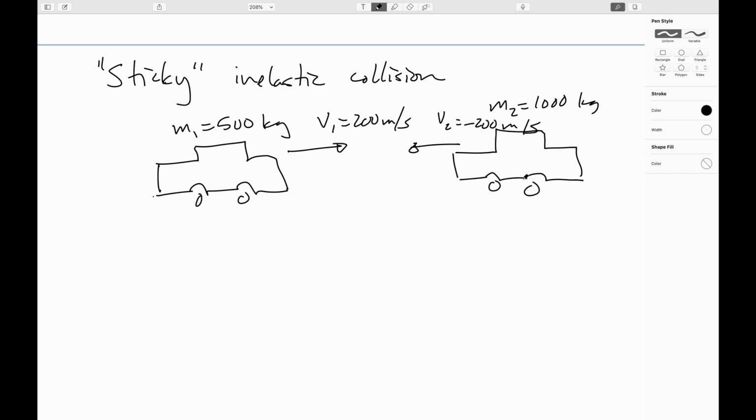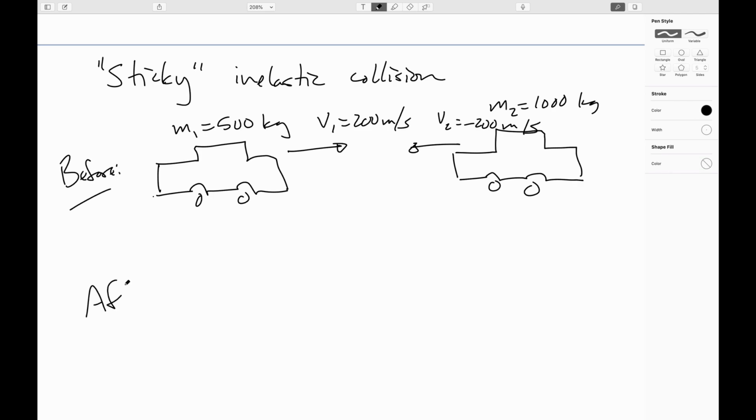This is something called implicit signage. Up to this point, we've been assigning directions when we write the letters. That's called explicit signage. Here, we'll put plus signs in front of everything, and we'll sort out the directions when we actually substitute the numbers. That's implicit signage. We'll be working examples of that to show how that works. So this is what's going to happen before the collision.